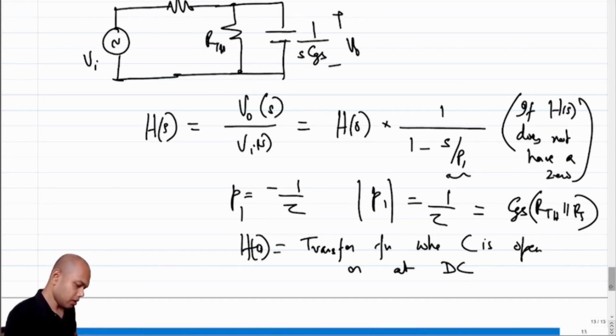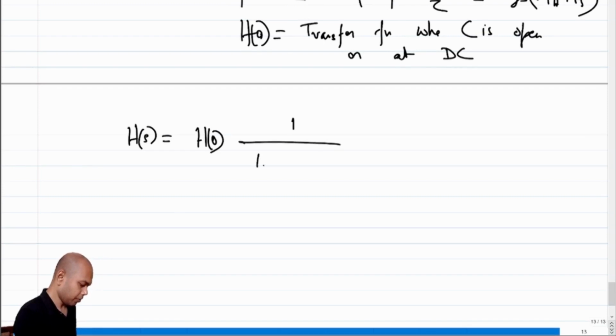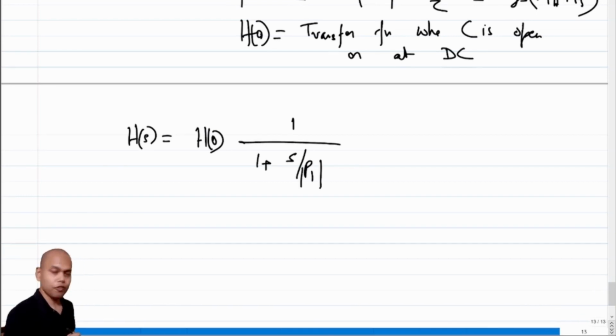So now we know that H(s) is H(0) times 1 by 1 plus s by p1, or rather 1 by 1 plus s by mod of p1, because p1 is negative.